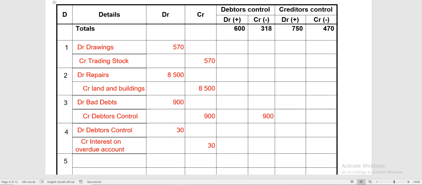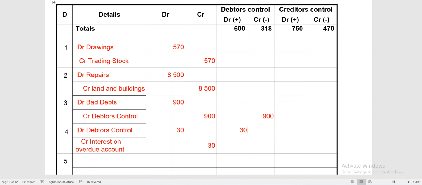Now remember, we said that we are going to debit debtors control. So debtors control must be debited then, because the debt of this person will increase. But remember, interest on overdue accounts is an income, and we don't have any other column for that income. So that's how we're going to record it. Okay. I hope that this makes sense to you.